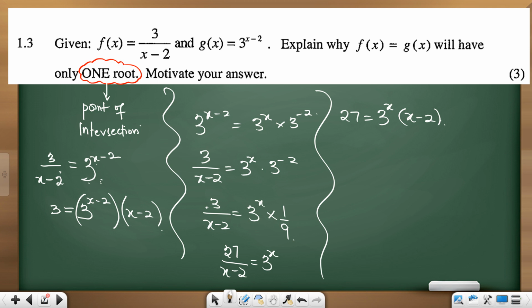Okay, wait. Bibi is saying something. I should multiply in. You cannot multiply in, guys. If you multiply, you're going to have 3 to the power x multiplied. No, it's fine. We're learning. Okay, I should change 27 to a factor of 3. Okay, so 3 cubed equals what? 3 to the power x multiplied by x minus 2.